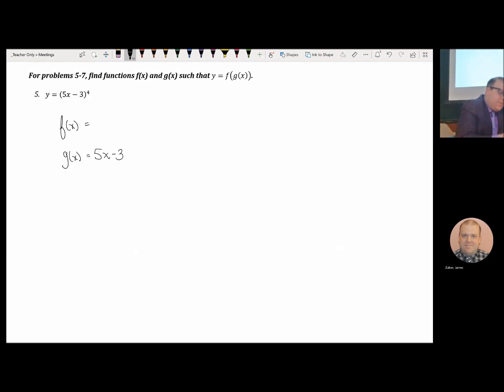Then what would f of x have to be? x to the fourth. There's a decomposition. And in fact, if this was a calc class and we were doing chain rule, that's the decomposition I would use.